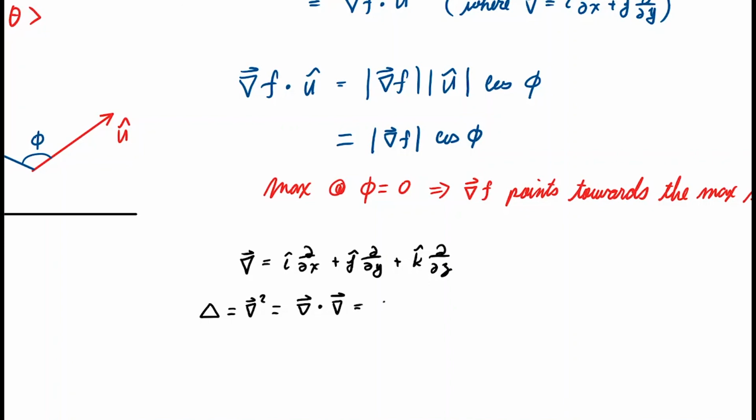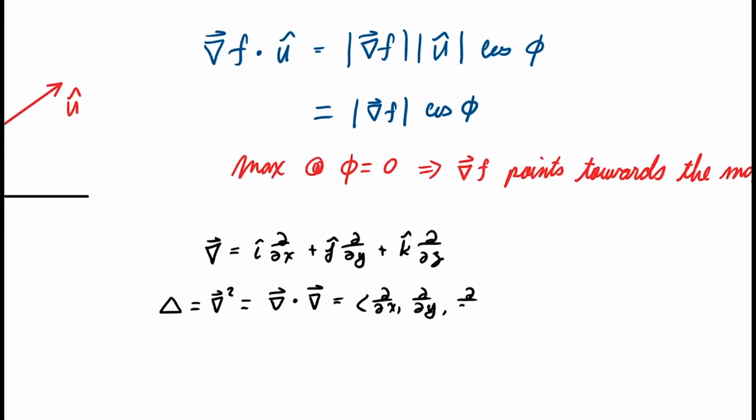So this will look like partial x, partial y, partial z, and dotted with itself. Okay, so if you do that, it looks weird now, doesn't it? It's not a vector anymore. I regret writing it like that.